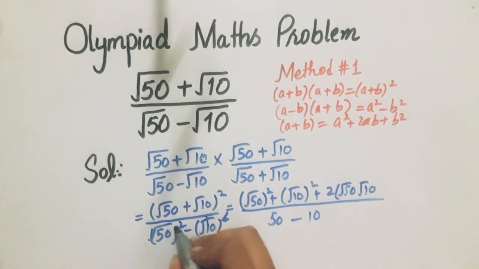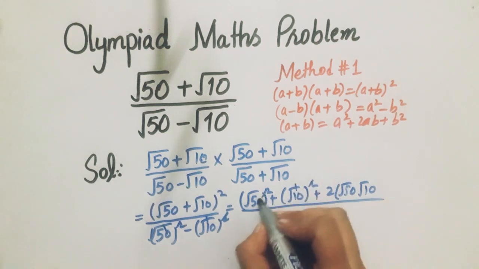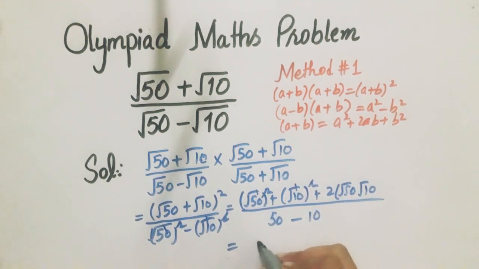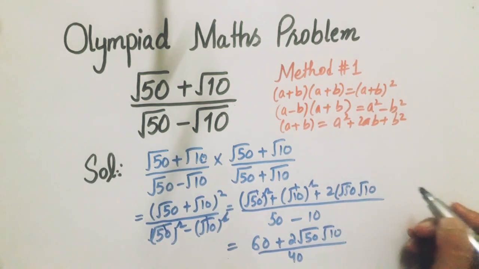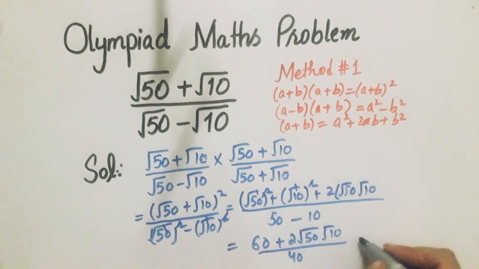The squares cancel out with the square roots. Now 50 plus 10 is 60, so we have 60 plus 2 square root 50 square root 10, divided by 50 minus 10, which is 40.